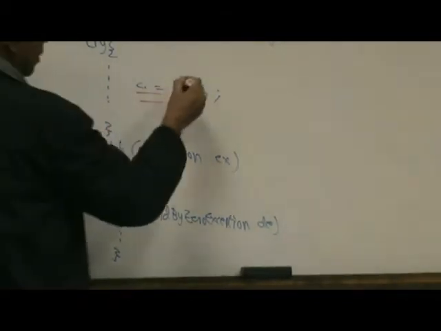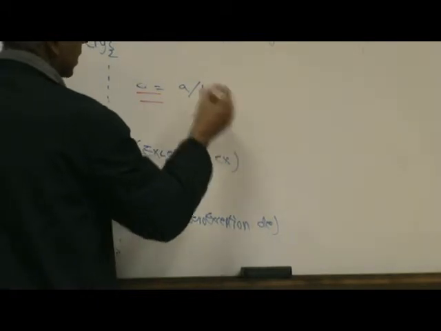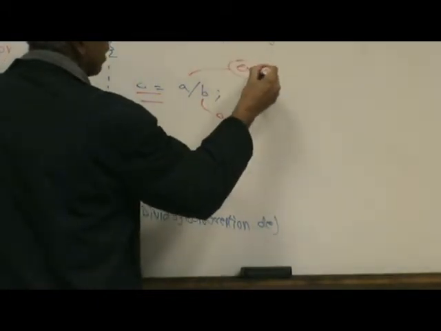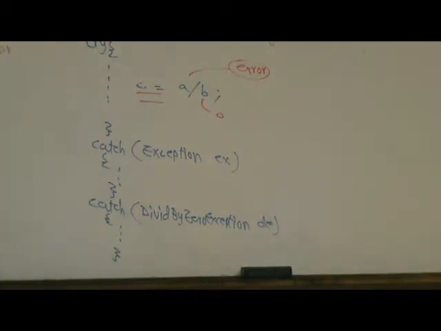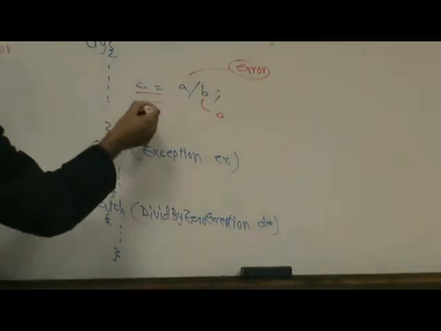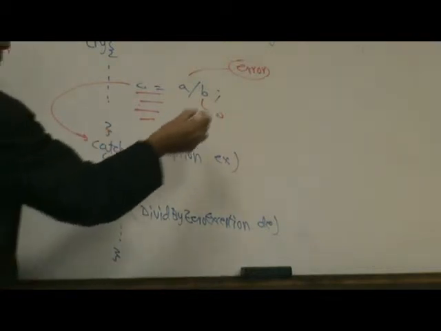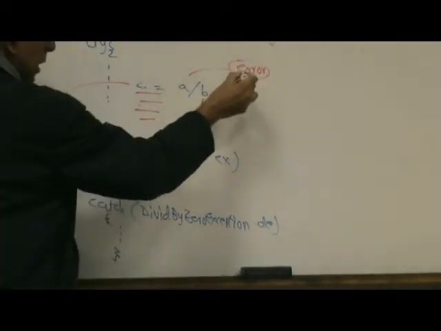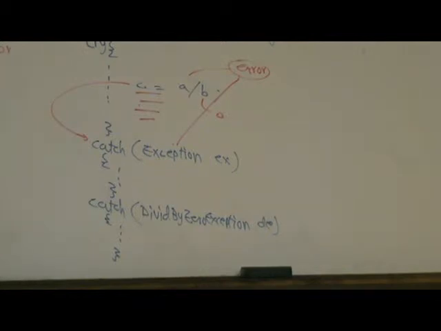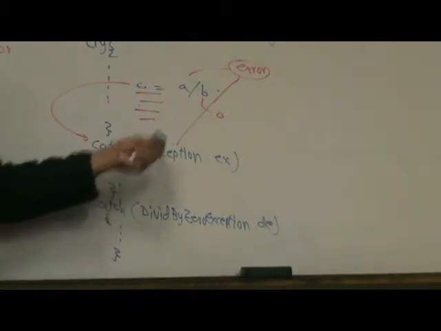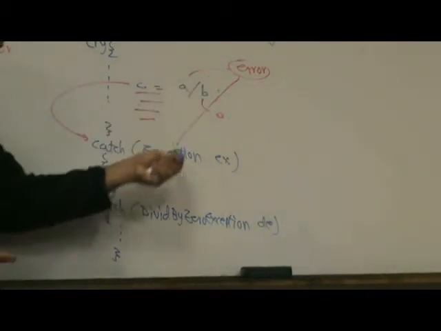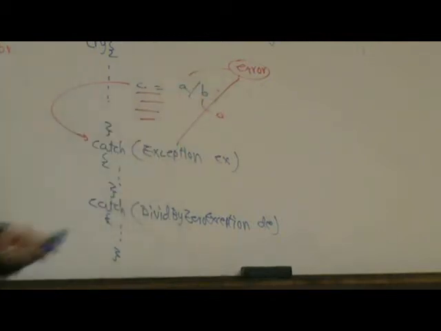As I mentioned, if B is 0, the computer will create an error object, and then immediately get out, will not execute the next lines, and see which catch matches this exception. So will the first catch match the type of error that we created?